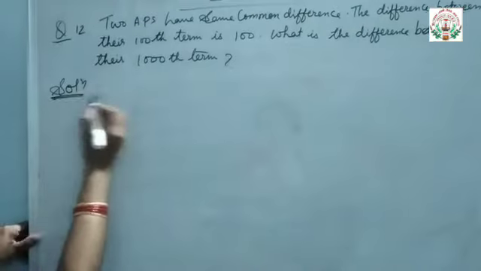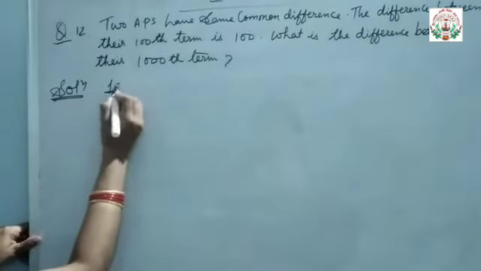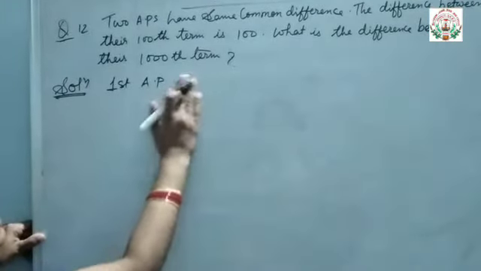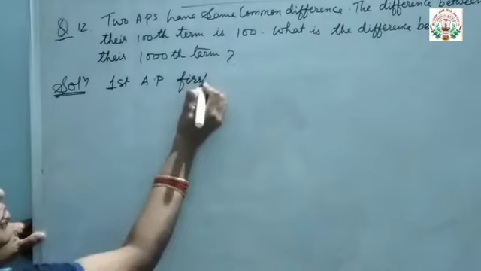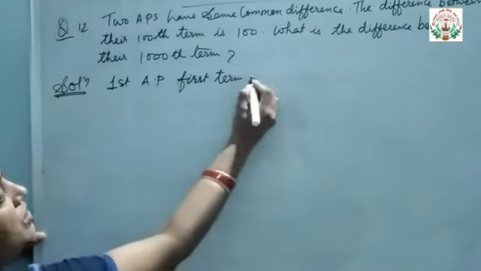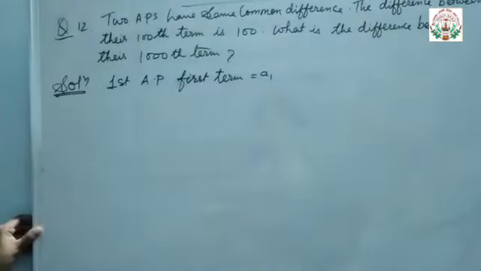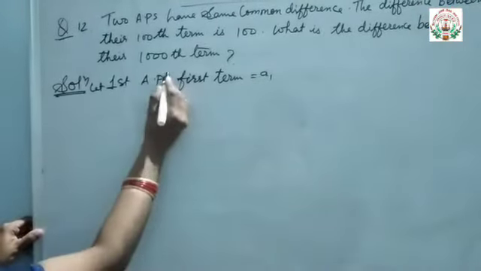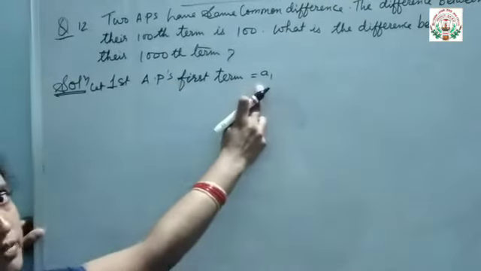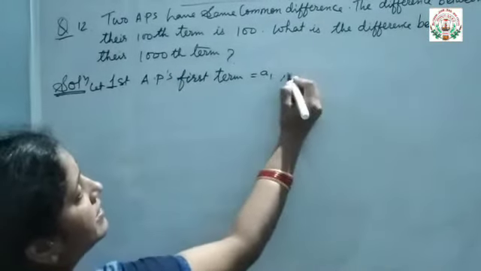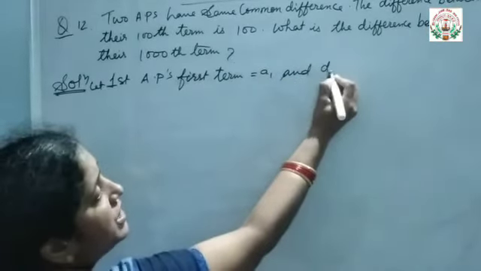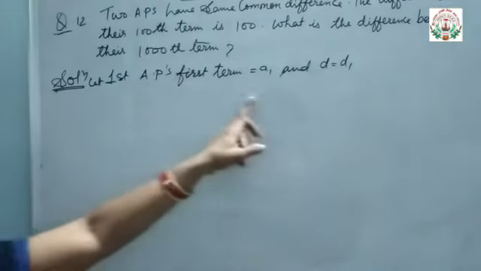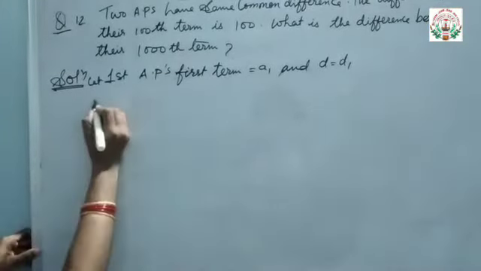Now, suppose the first AP's first term is A1. You can write here, first term equals A1, suppose. Let the first AP's first term be A1 and common difference d equals d1. Okay, this is about the first AP. Now the second AP, what?